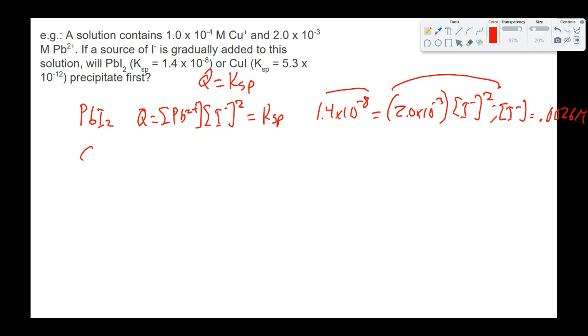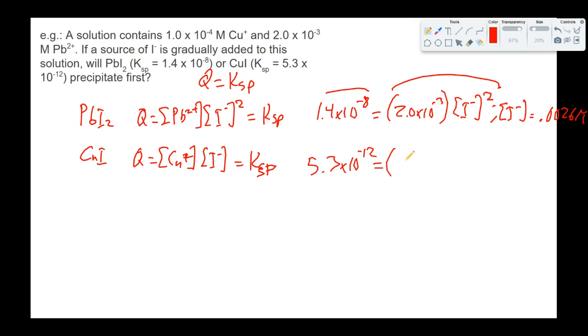Now let's do it for the other substance. For CuI, Q, which is Cu+ times I-, would have to be equal to KSP as well. And that is 5.3 times 10 to the minus 12th, which would have to be equal to our copper concentration, which we know to be 1 times 10 to the minus 4th molar, times the iodide concentration, and this is not squared this time.